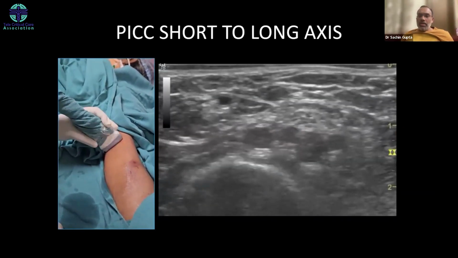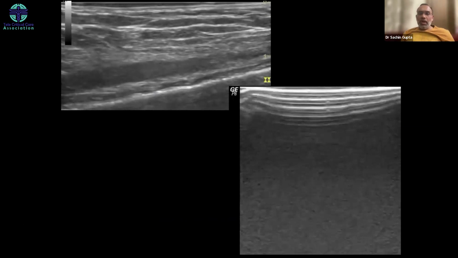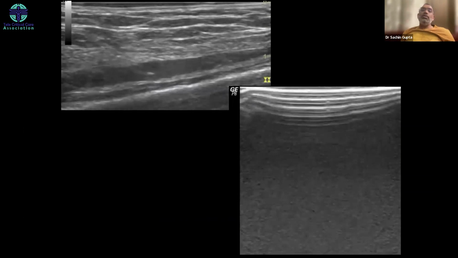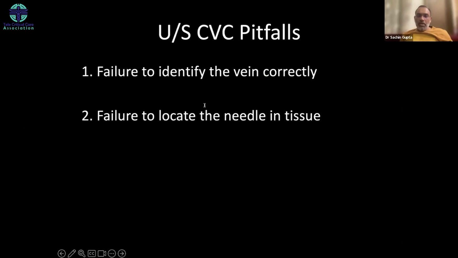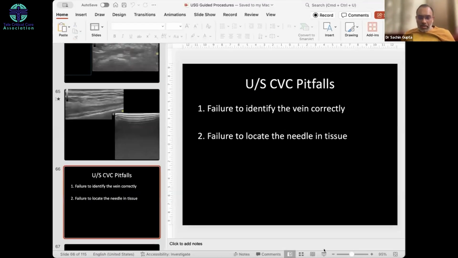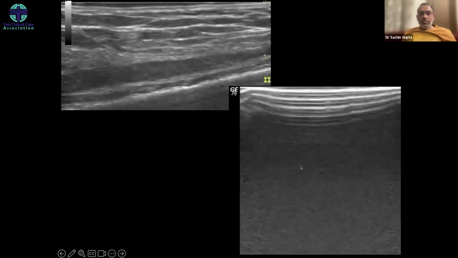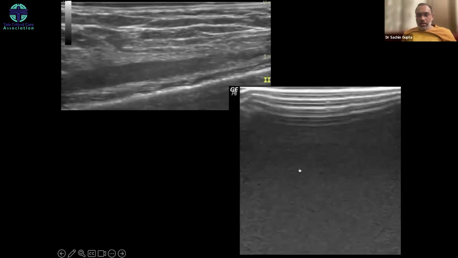And this is the basic principle. If you can appreciate, the needle is about to enter. Again, the indentation of the vessel wall is there, and the needle has gone in. Right, the needle is there.